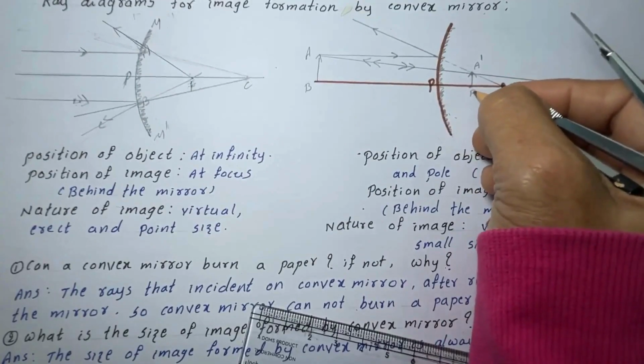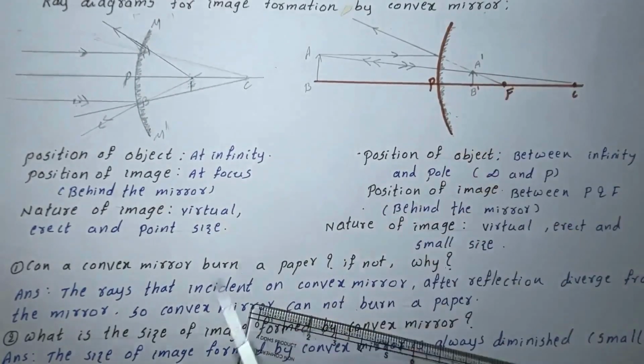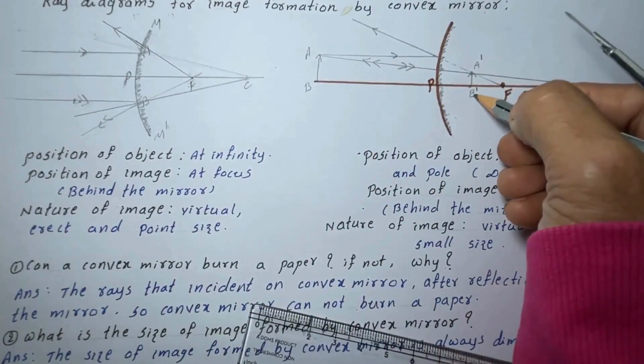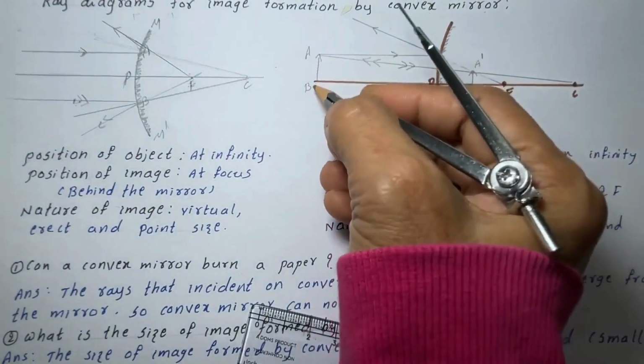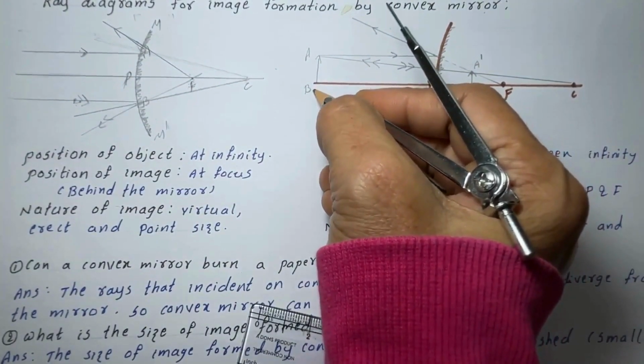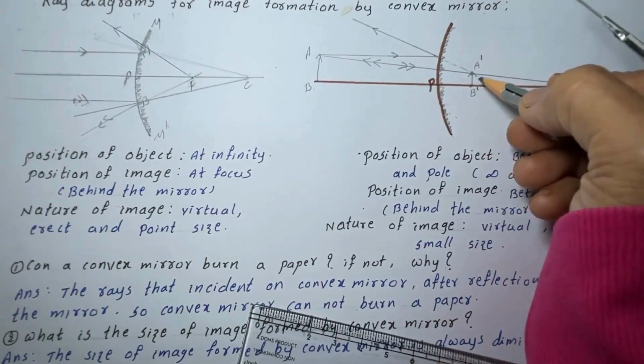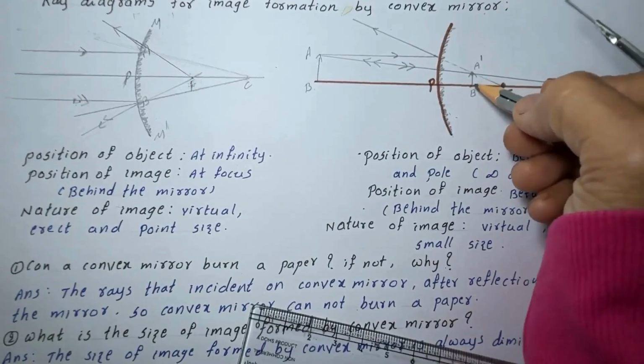So in the image, this is the bottom. So this A dash B dash is the image of the object AB. But this image has formed by the intersection of the extended reflected rays.